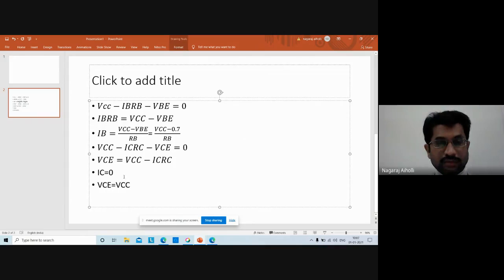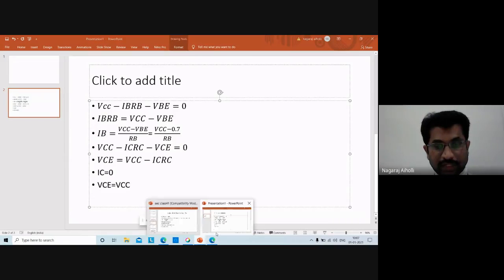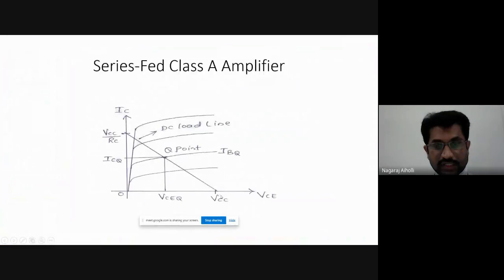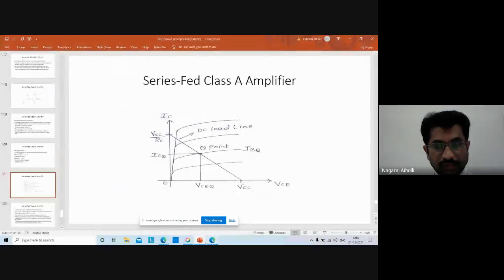So here I am getting VCE equal to VCC. This point I got on the x-axis when I substituted IC equal to 0. Now what is the point that I will get on the y-axis if I substitute VCE equal to 0? Let us see that.